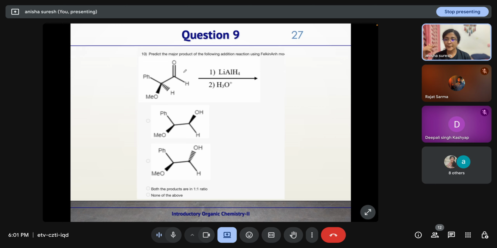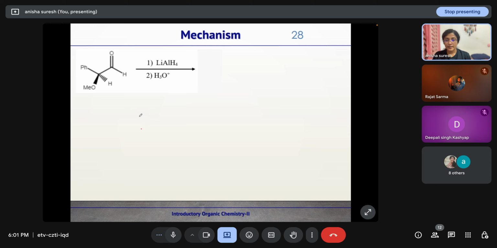Okay. So the OMe will be coming perpendicular to the carbonyl carbon. So when we will draw, we are looking from this side. The hydrogen will be on our right hand side and methoxy on the left hand side.